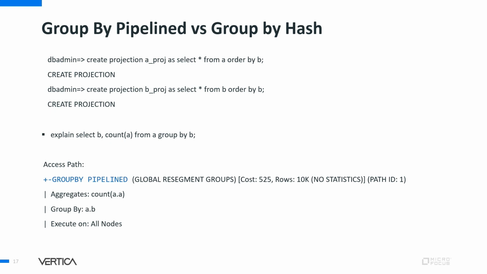To improve that, we create two projections, and these projections are going to be ordered by B. When we run the same explain plan on the same query, it uses group by pipeline.